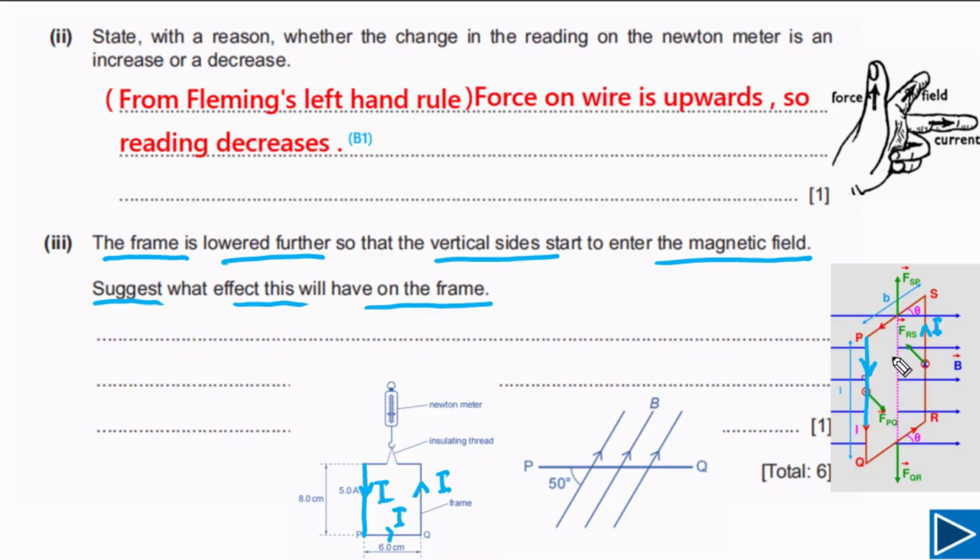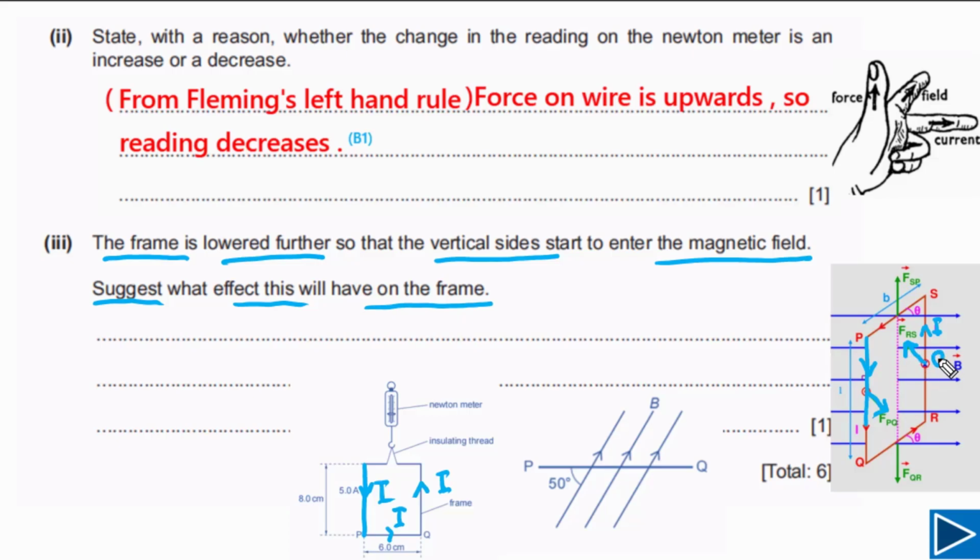Now if you look at these two sides, there is a force on this side. That force is actually out of the page. And because the direction of current is reverse, the force on this side is into the page. So one force is out of the page, one force is into the page.